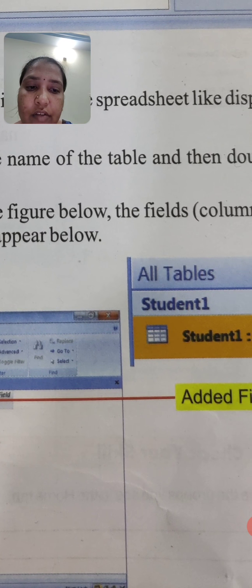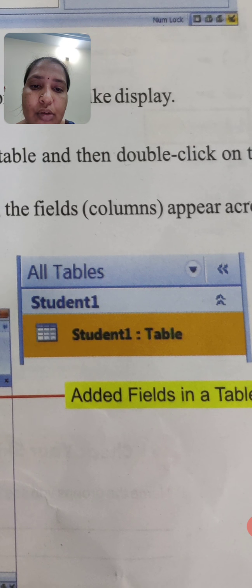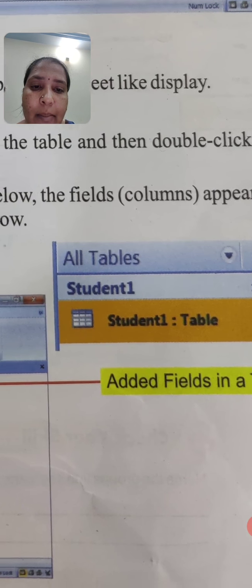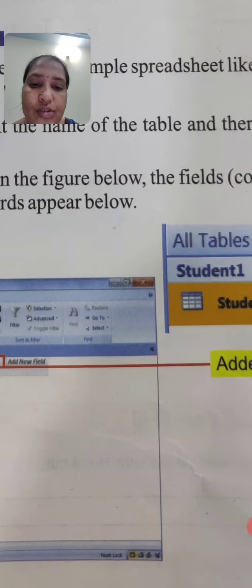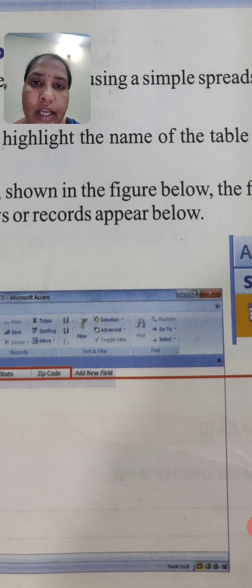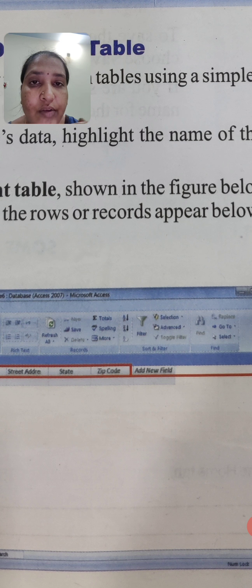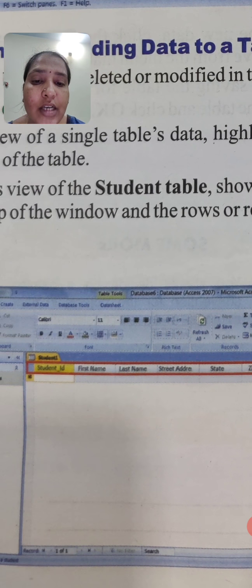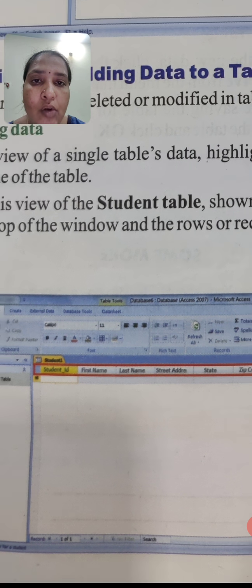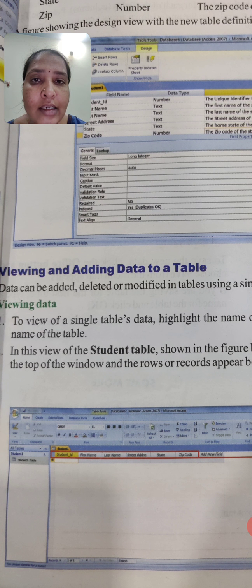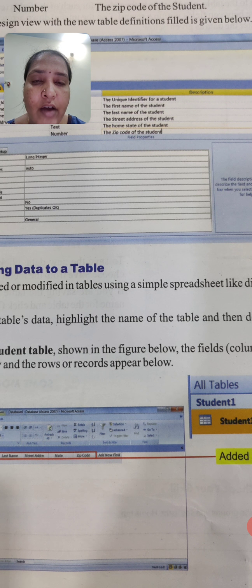It will show added fields in the table called Student 1, and we can also give a name to that field, likewise zip code and state. You can give any field name which is related to the table called Student 1. This is how we can view data in a table and add data to a table. We have added another field, that means we have added data to that table.